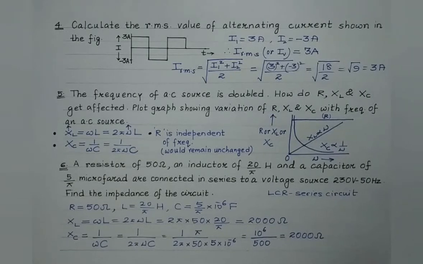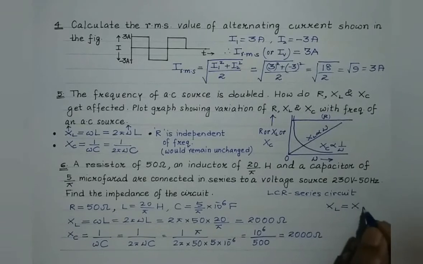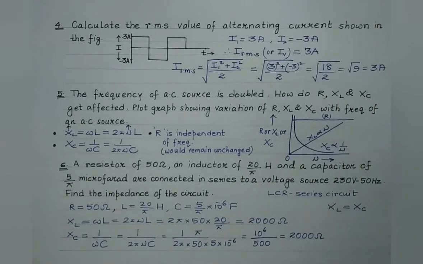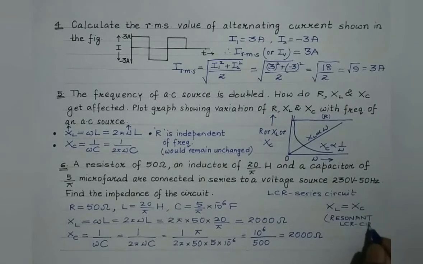So what we conclude from these two values is XL is equal to XC. Therefore, students, it is the case of resonant LCR series circuit, isn't it?